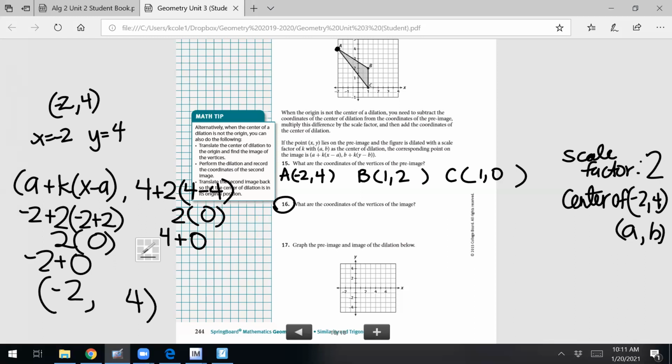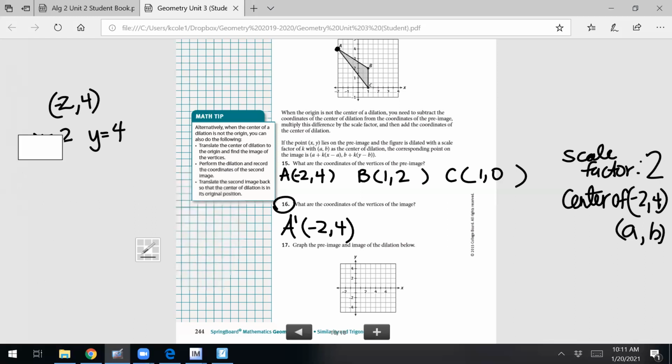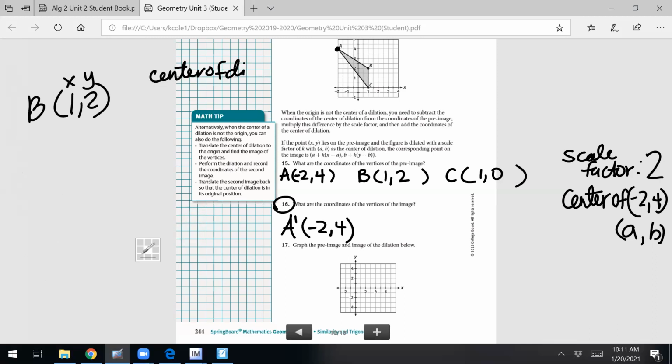Okay, so now to get a different point, you could do B. So A prime stays the same. Now let's do the same thing. This time our ordered pair is B, which is 1, 2. So this is X, this is Y. The center of dilation is -2, 4, that's A, that's B, and K equals 2.